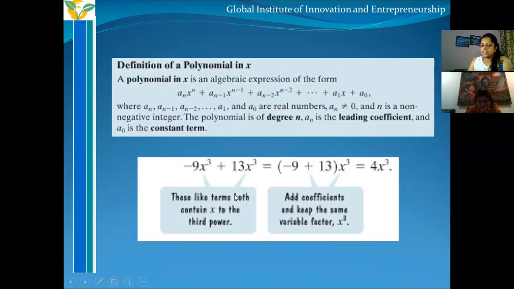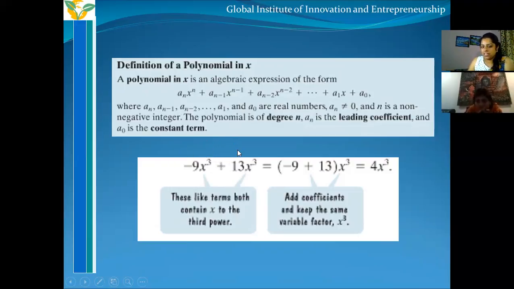Coming to an example, minus 9x cubed plus 13x cubed. You all know that x cubed is with minus 9 and x cubed is with 13, and I have already told you about like terms. Since both of them are like terms, minus 9 plus 13, you already studied the algebraic operations, right?